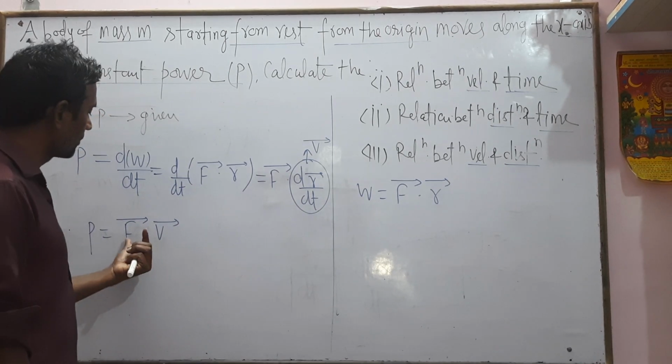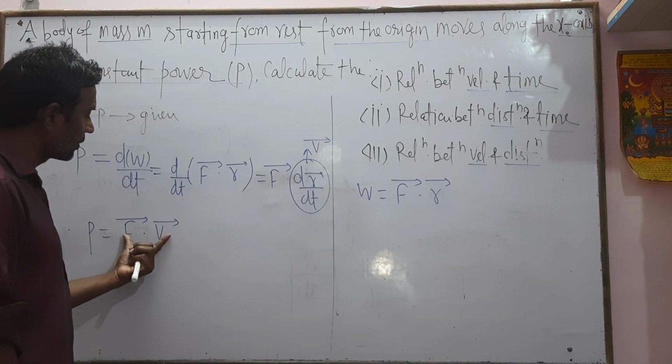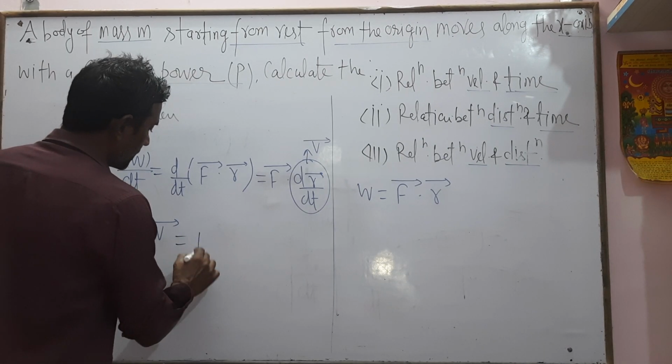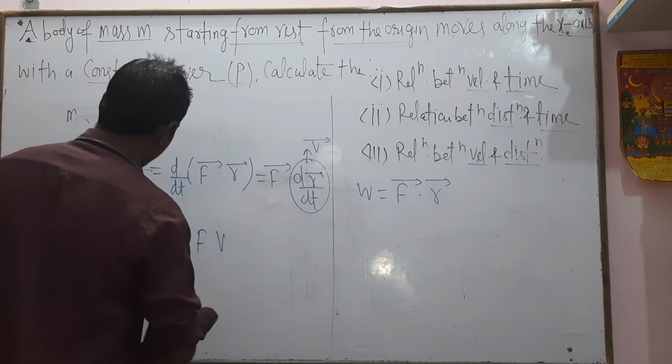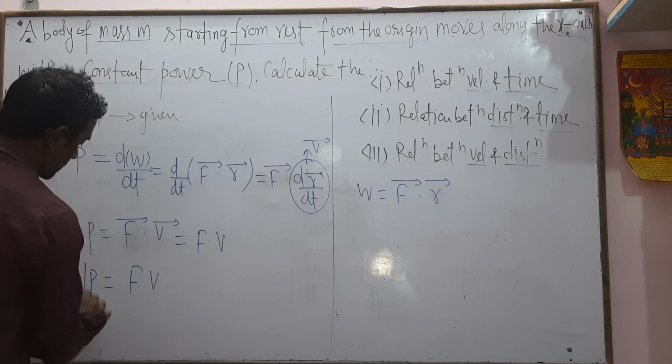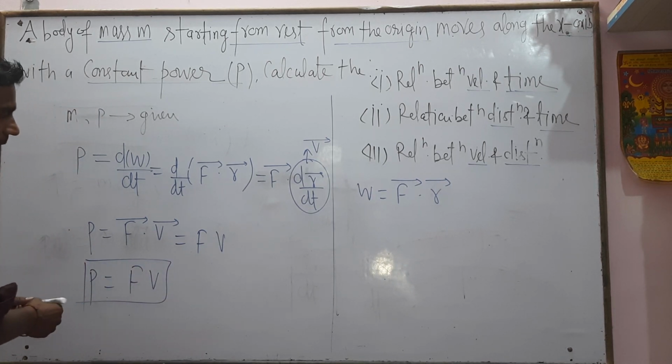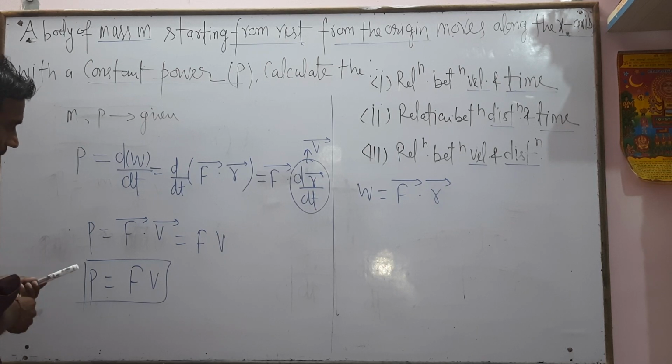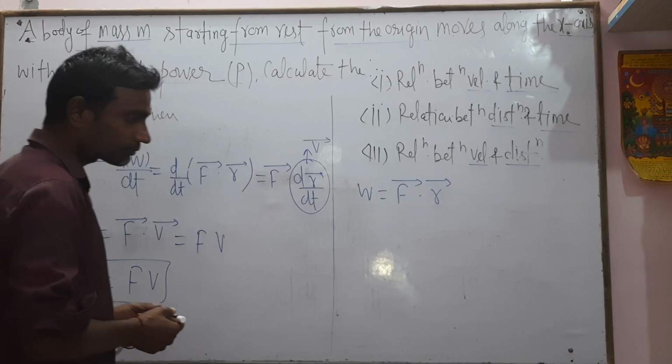That gives mod F mod v cos 0, which equals F v. So power P equals F into v.